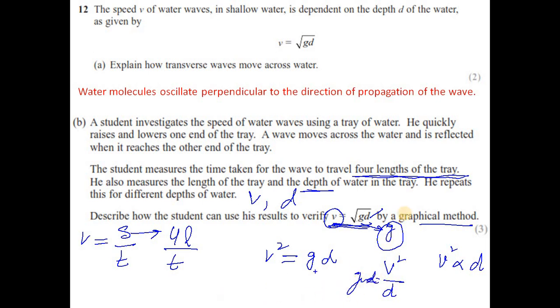That means the student should plot a graph of v squared on the y-axis and d on the x-axis, and he can expect a straight line passing through the origin. From the straight line he measures the gradient, and the gradient should be equal to g, 9.81.